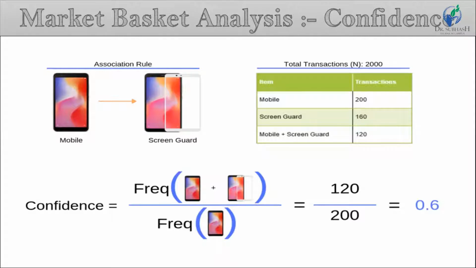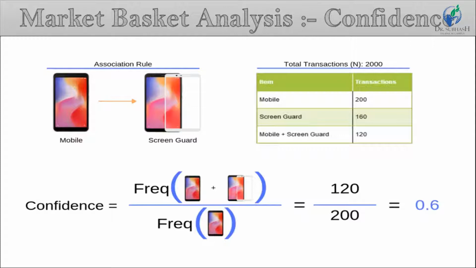Lift equal to 1 implies no relationship between mobile phone and screen guard, or we can say mobile phone and screen guard occur together only by chance. Lift greater than 1 implies that there is a positive relationship between mobile phone and screen guard, or they occur together more often than random.